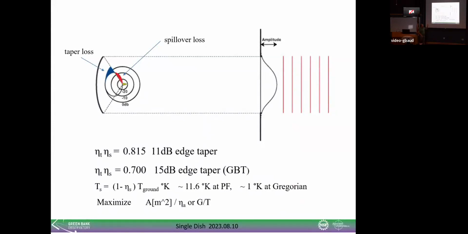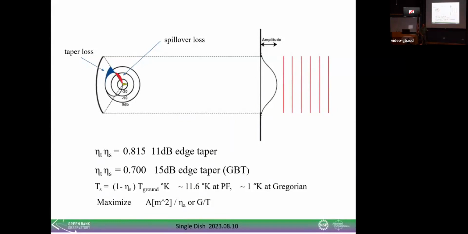A lot of the time I'm flipping back and forth, and we really only receive, but sometimes in the analysis and thinking about these things, you think of them in the transmitting mode. So a lot of these slides look like we're transmitting from the feed, but we're really receiving, and it works just the same. There's an optimum aperture efficiency of about 0.7, and that's with a 15 dB taper. What that does is reduce the spillover with the maximum illumination.